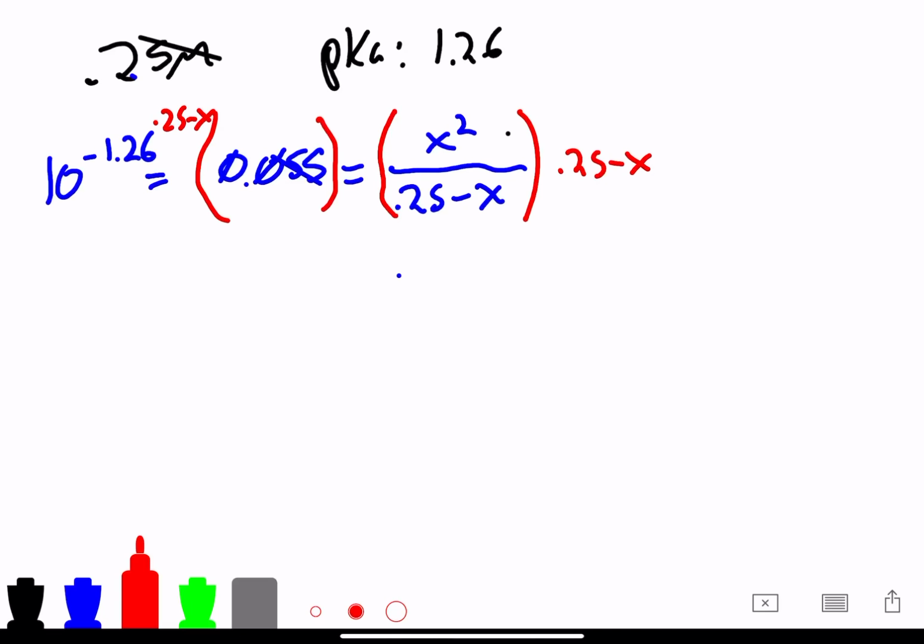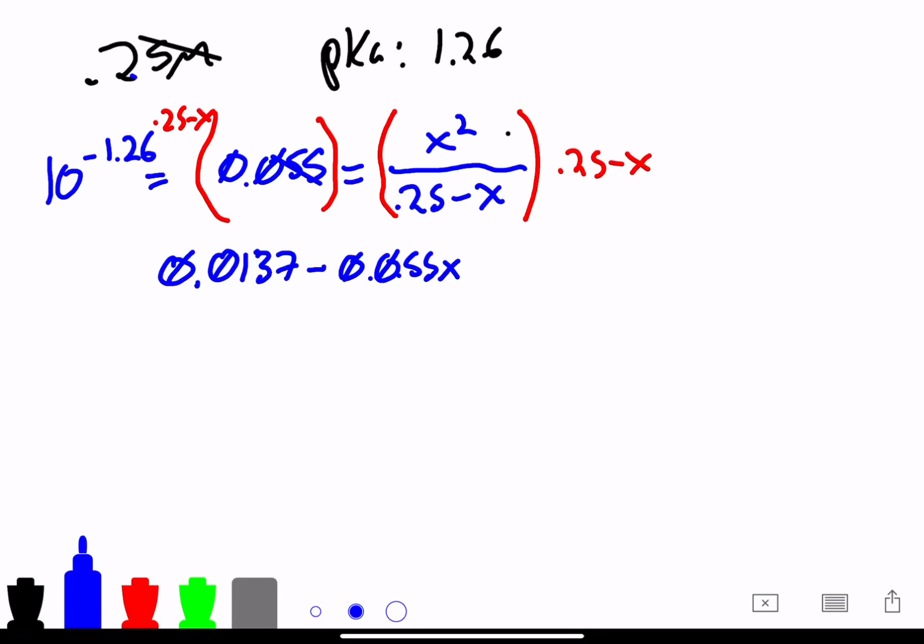And what that will do is get rid of the 0.25 from the bottom here. So what that gives us is 0.0137 minus 0.055x is equal to x squared.